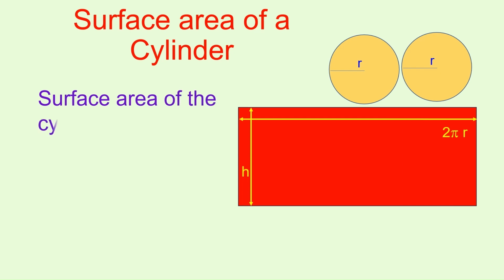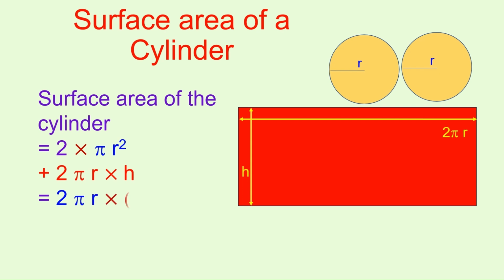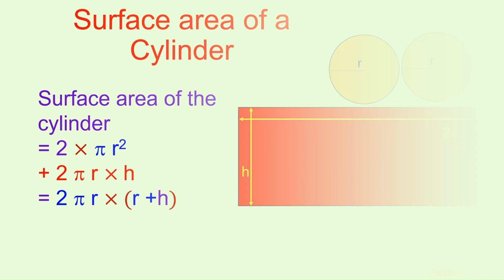Surface area of the cylinder equals 2 times pi times r squared plus 2 times pi times r times h equals 2 times pi times r times (r plus h).